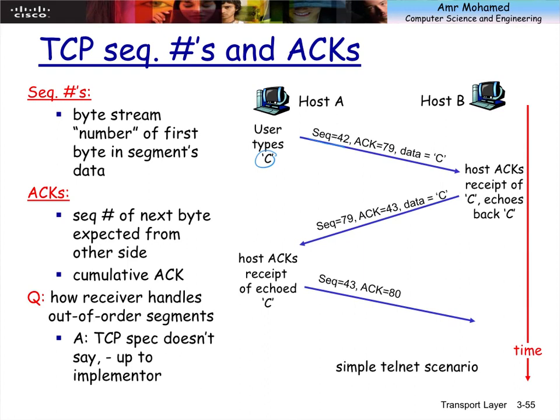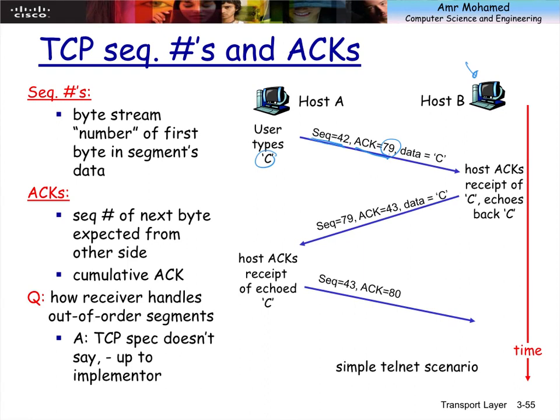Okay. So you have a sequence number 42, and at the same time, I'm sending an acknowledgement for byte 79 to host B. So we're no longer talking about sender and receiver here. Here we're talking about host A and host B, because both of them are sender and receiver at the same time, because we're talking about full duplex and bidirectional.